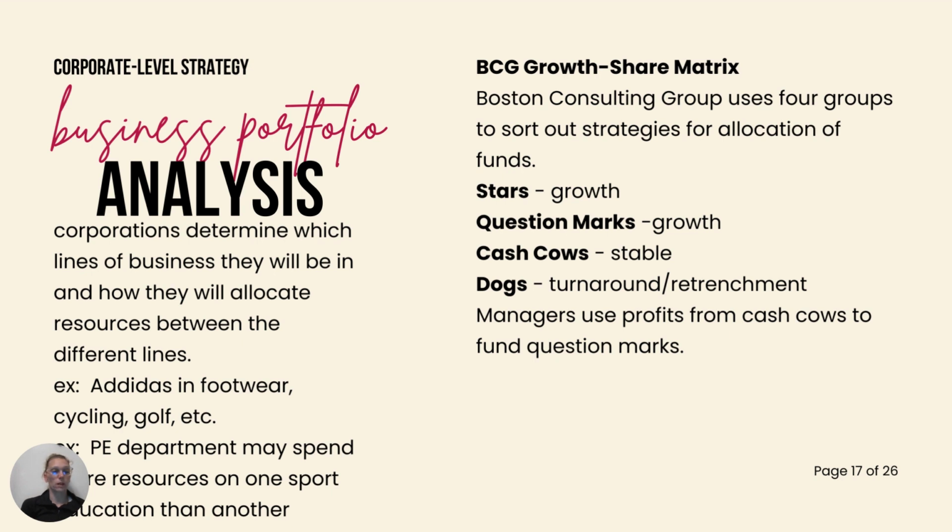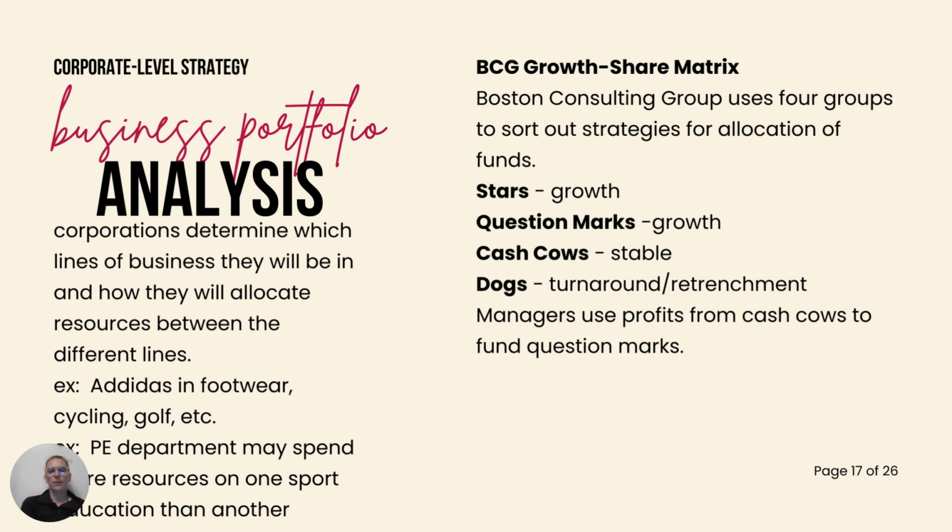So PE departments may spend more resources on one sport education more than another. But they might find that a little bit here and in a different one outside of whatever is lucrative might bring in other resources. So they just allocate more funds.